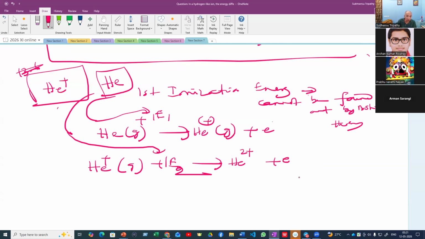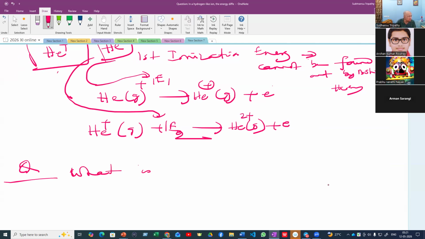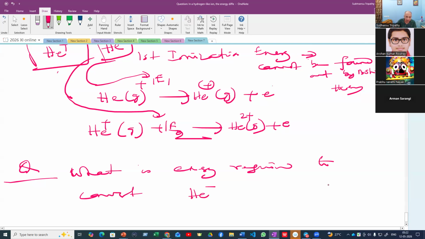So my question now is, what is the second ionization energy? Or to be very crude, what is the energy required to convert He plus to He double plus, which is nothing but the second ionization energy of helium atom?